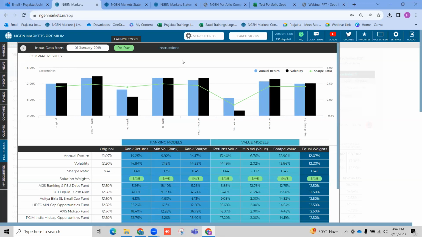I understand. So here, when we launched this particular improve section, it was kind of an experiment to see if people like it and if people are using it. So in that case, we only basically did 3 straightforward models with either the volatility or the returns or the Sharpe ratio, and then these 3 factors being used in 2 different ways. One is a ranking model, one is a value model.